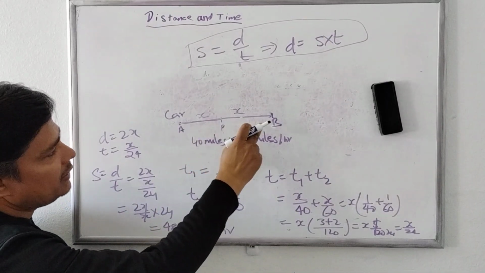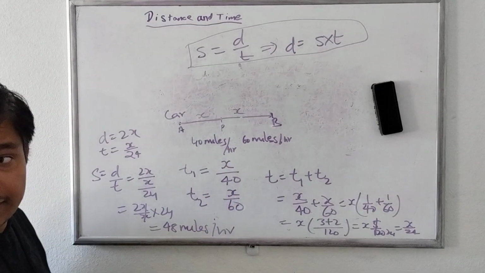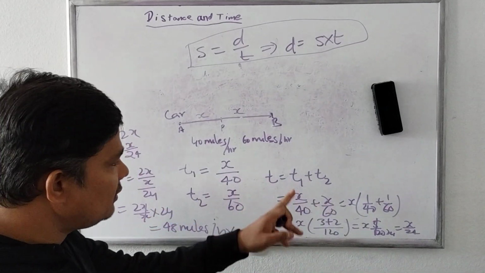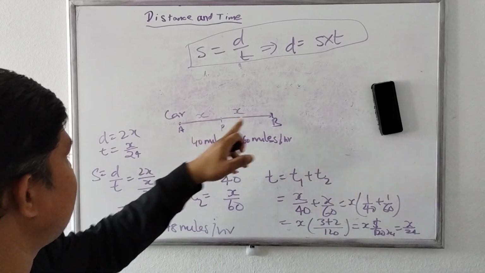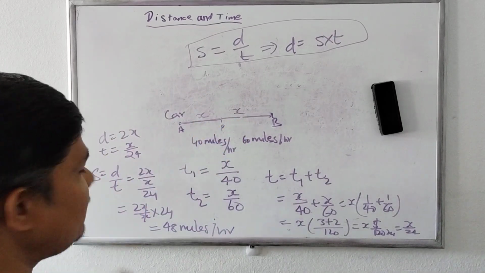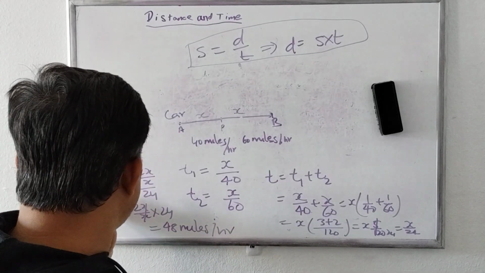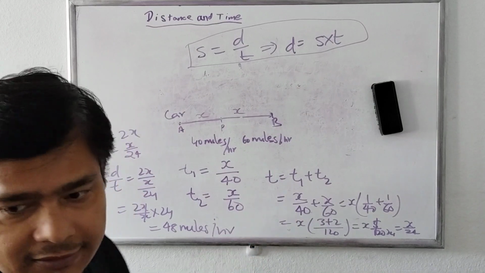To reach B from P, it took x by 60. So the first thing is to compute the time and find the total time using t1 plus t2. Then you know the total distance, x plus x, 2x, and your time is x by 24. Speed will be distance divided by time, and then you can find the answer.